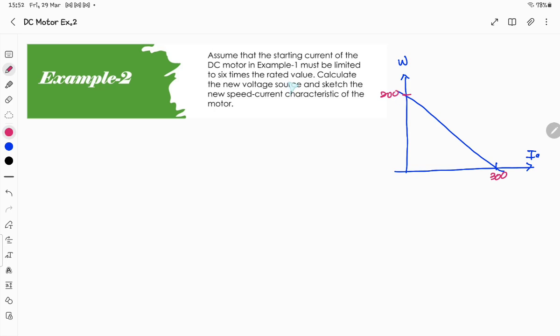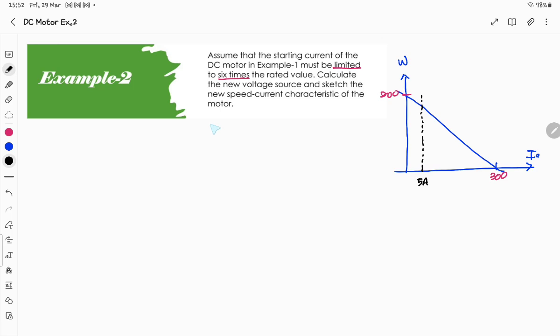Okay, so what the question wants you to do is limit this one to 6 times the rated value. Previously we know that the rated value is here, it's 5 A, right?